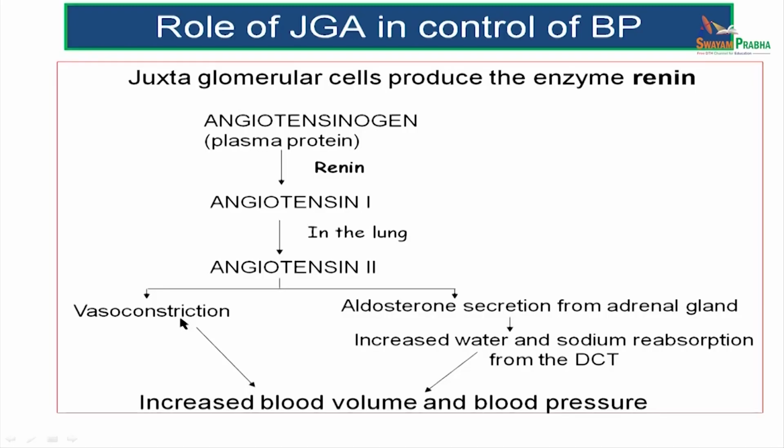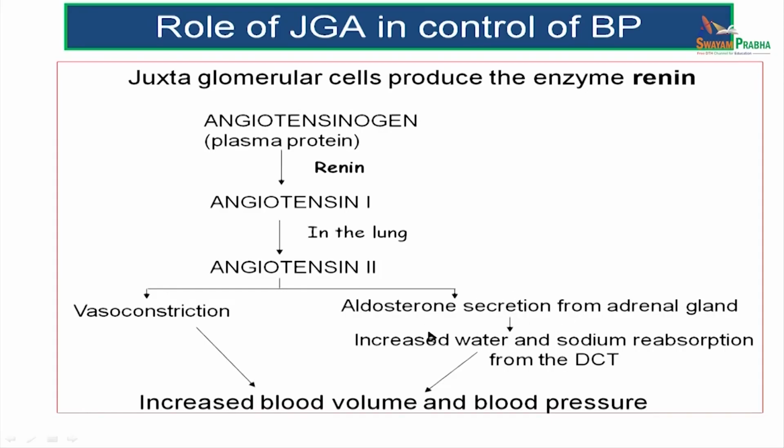This angiotensin 2 acts in two ways. One is by vasoconstriction that results in increased blood volume and blood pressure. Second, it stimulates the adrenal cortex to produce aldosterone.